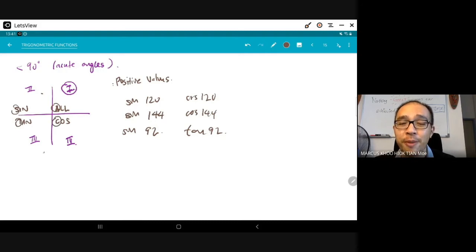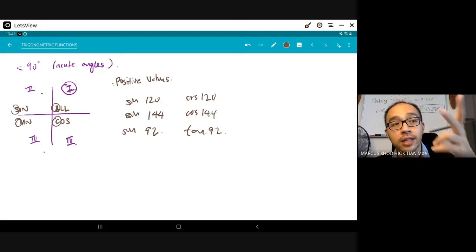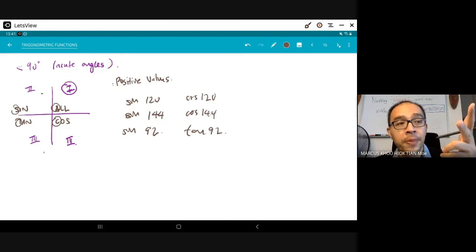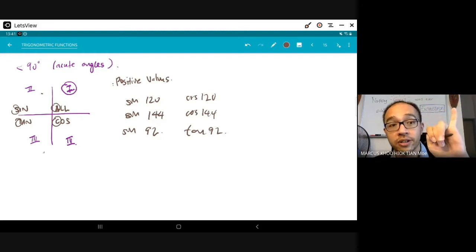First is All, second is Science, so sine is positive. Third quadrant is Teachers, so tangent, and then C is Crazy for cos. So first quadrant, all is positive. Second quadrant, only sine is positive, the rest is negative. Third quadrant, only tangent is positive because Teachers. And fourth quadrant, only cos is positive.